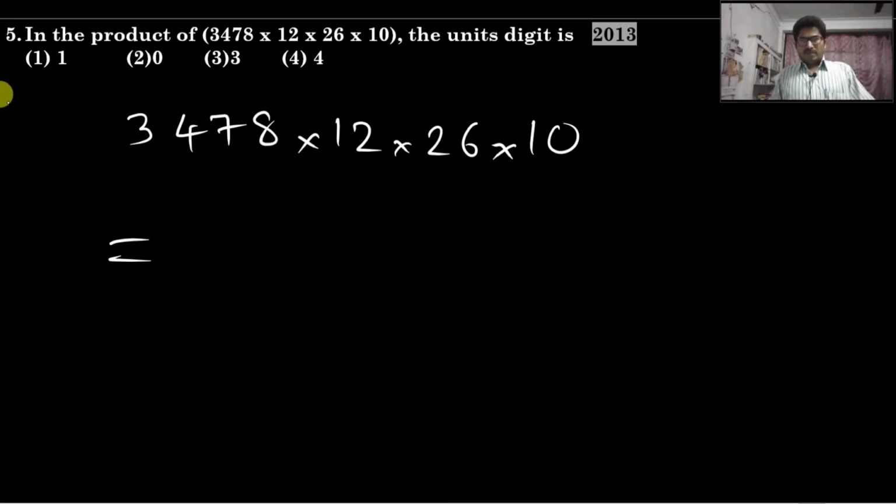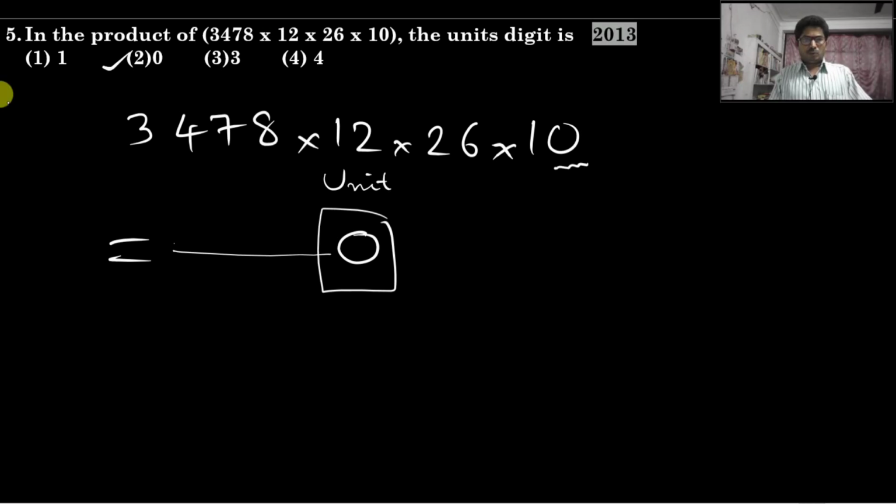When we multiply any number with 10, we get a 0 in the units place. So here the last unit digit must be 0. So option 2.